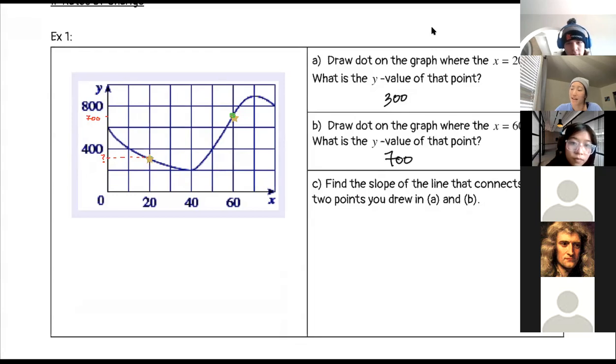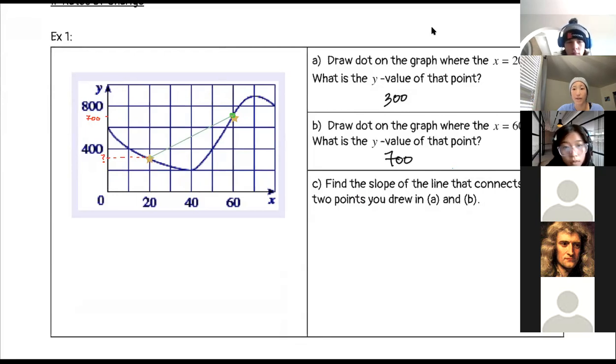Now find the slope of the line that connects the 2 points that you drew. If we wanted to put that visual in, we would connect those 2 points. And now the question is, just go ahead and find the slope of the line.